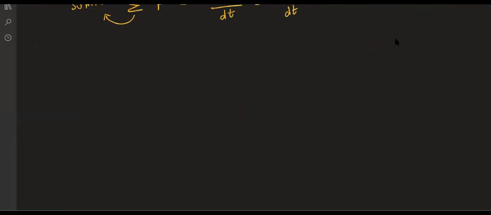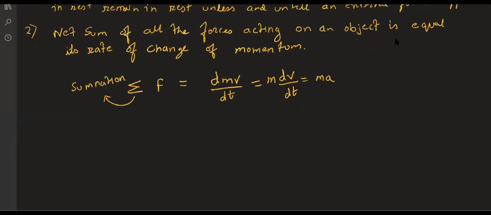But yes, rate of change is differentiation only. See this? That's the basic definition: the net sum of all the forces is equal to the rate of change of momentum, right? And this rate of change is actually the differentiation of momentum, which is mv. Momentum is mass into velocity.